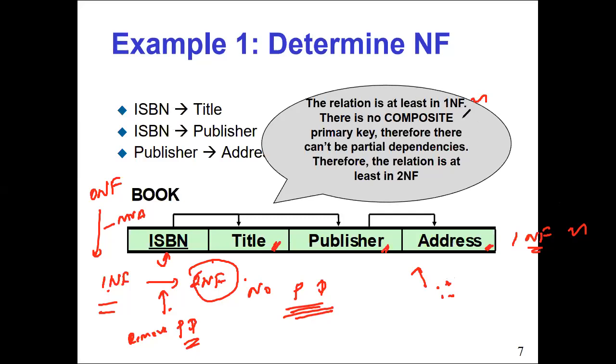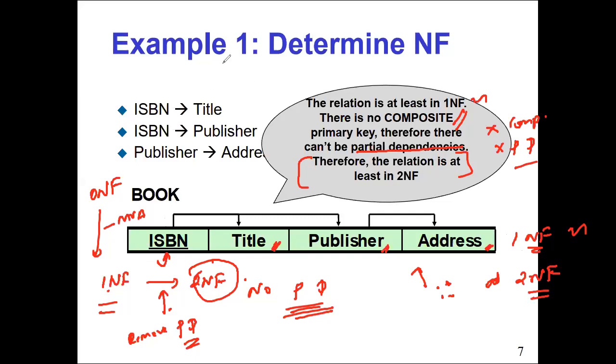Now there is no composite primary key, so therefore there can't be partial dependency. If you find a composite key only, we have to think about partial dependency. Here you don't have any composite one, only one attribute is underlined. So simply you can say, therefore this relation is at least in 2NF, at least in second normal form.